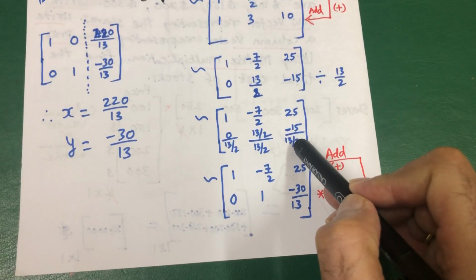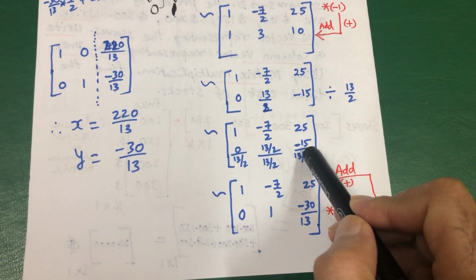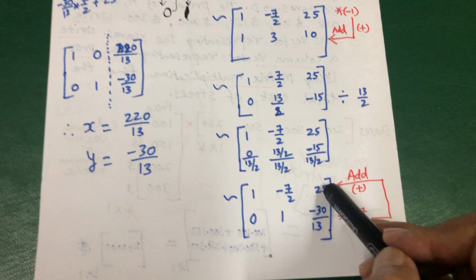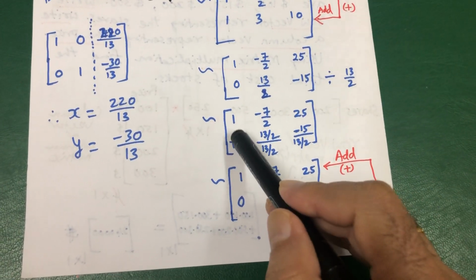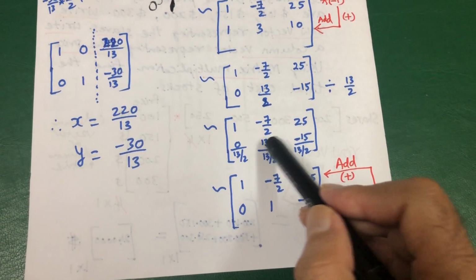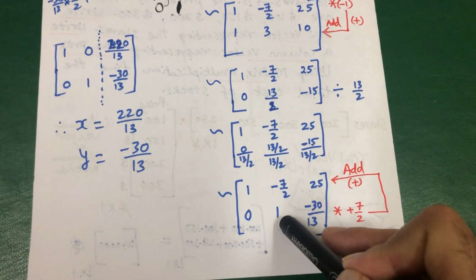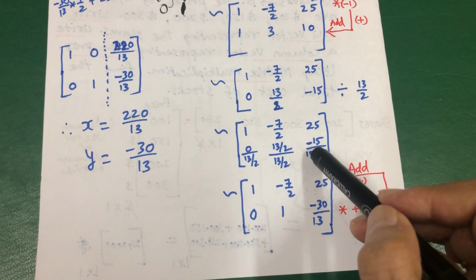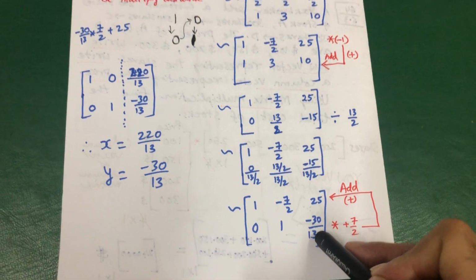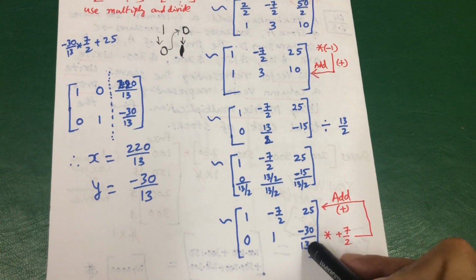Use your calculator. Write the first row as it is. Now the second row: 0 divided by anything is 0. 13 over 2 divided by 13 over 2 is 1. And then use the calculator, you get 30 over 13.